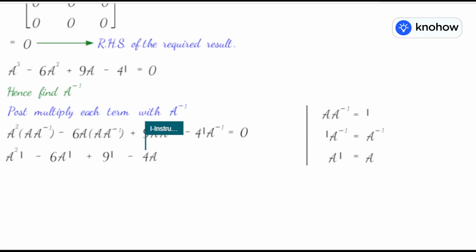And now you know A square into identity matrix is A square, and minus 6 times A into identity matrix is A, and plus 9I and minus 4A inverse equal to 0.